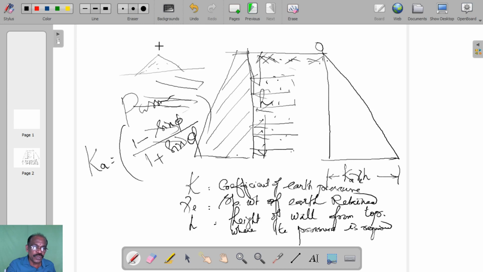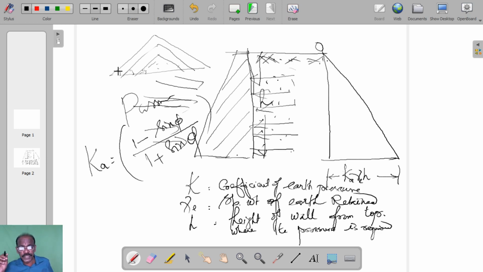If you increase the height, the base will also increase and the angle will be the same. Simply, the angle made by the soil particles due to their internal friction is the angle of repose.